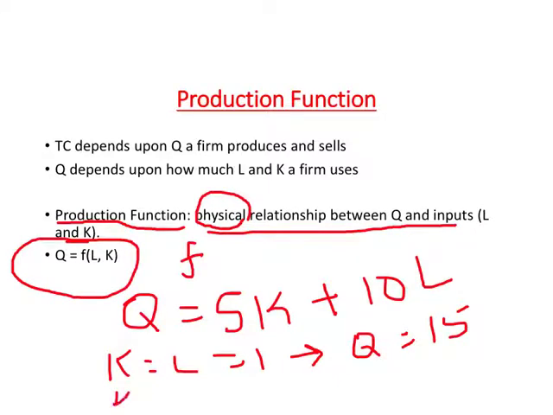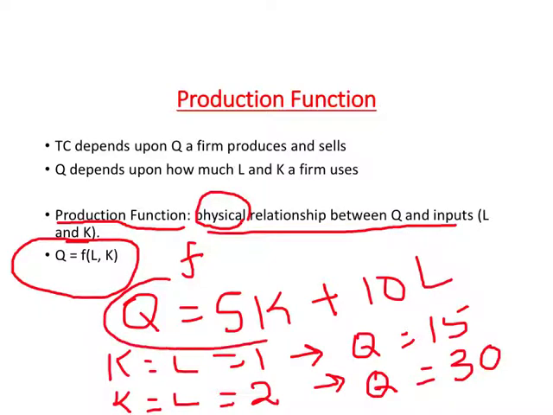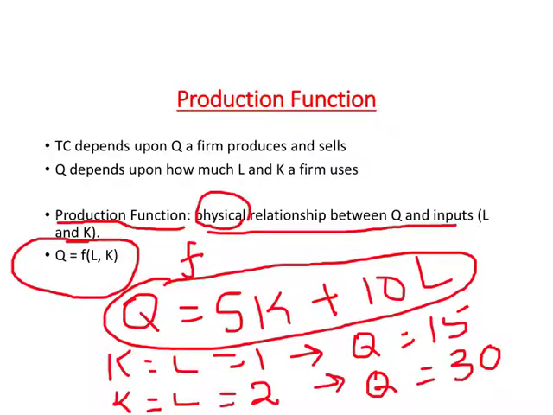When we use 2 units of labor and 2 units of capital, how much output will be produced by the firm? It will be 30. So this is a very simple example of what a production function may look like, and this information will be given to us by engineers and technologists.